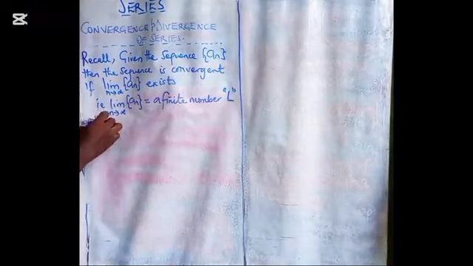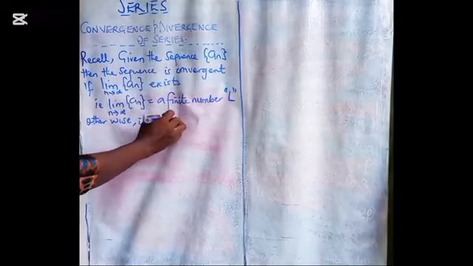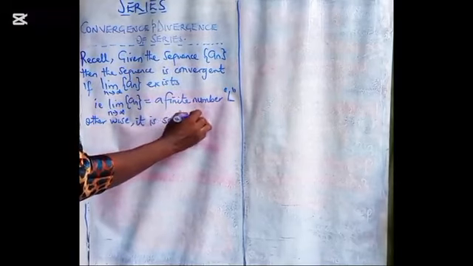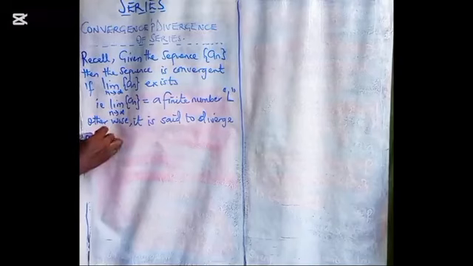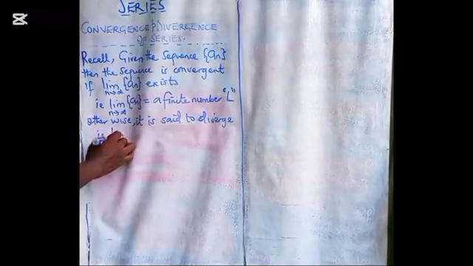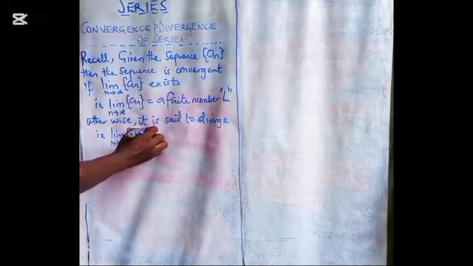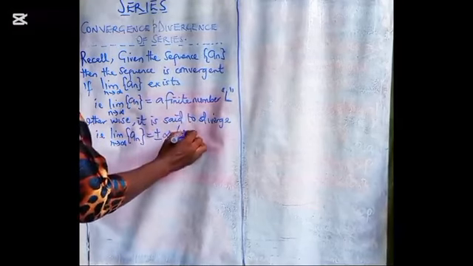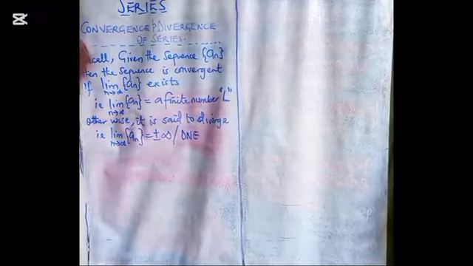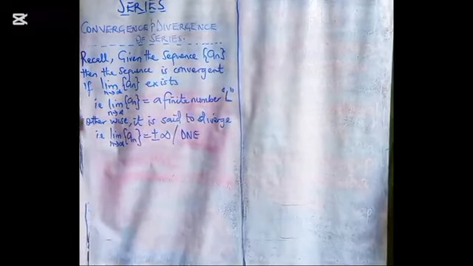Otherwise, it is said to diverge. That is, if the limit as n tends to infinity of a sub n equals plus or minus infinity or does not exist, then the sequence is said to do what?